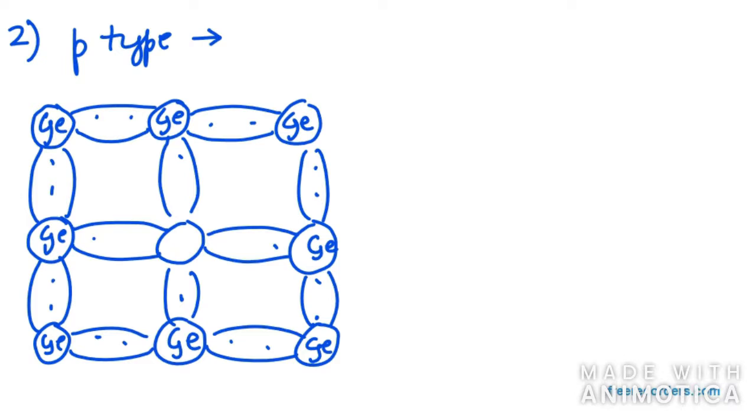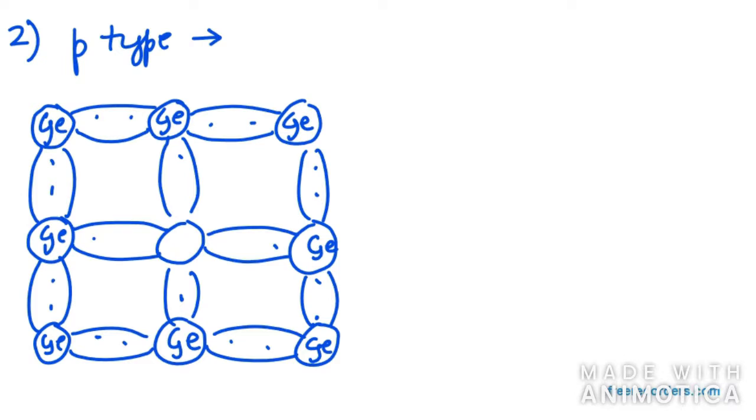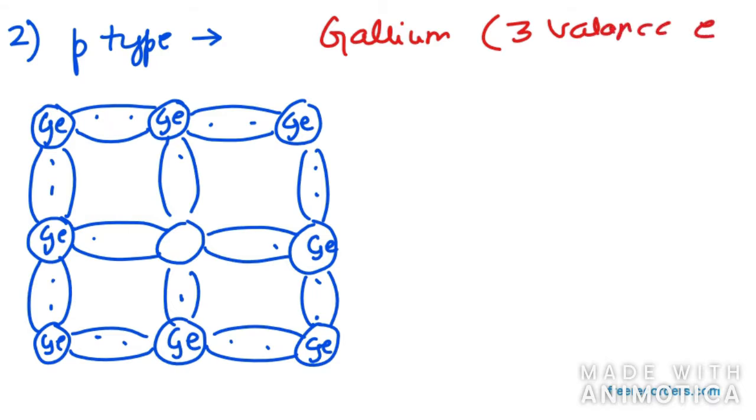Now I would be adding a trivalent impurity here. So the trivalent impurity is gallium. It has 3 valence electrons, or even we can use indium. It again has 3 valence electrons. So let us add gallium to it.